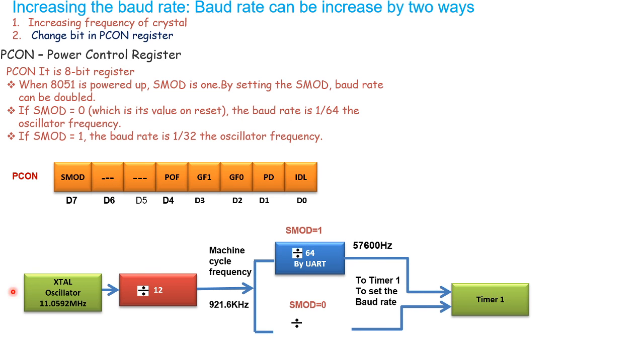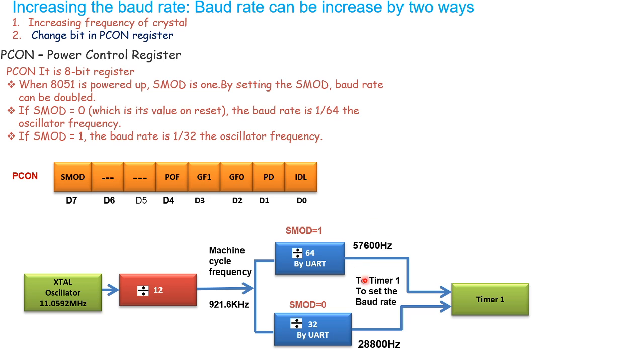Crystal frequency divided by 12 gives the machine cycle frequency. This machine cycle frequency gives the baud rate like this. When the SMOD bit is equal to 0, this frequency is divided by 32. And when SMOD is equal to 1, this frequency is divided by 64.